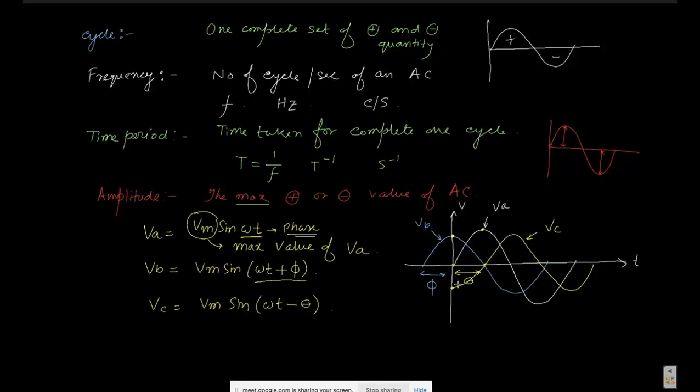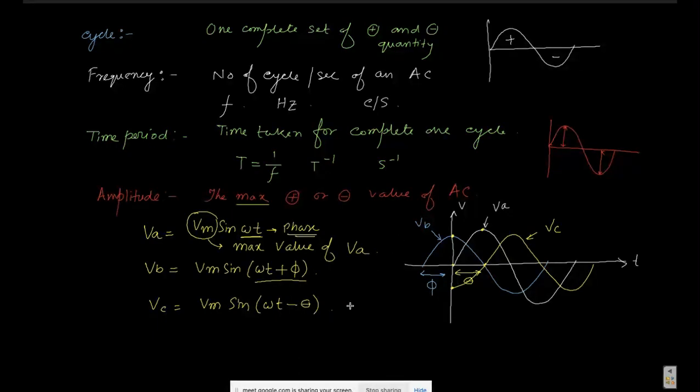When VA starts generating, at that time VB has already started and reaches its maximum value. It means that VB starts generating before VA. When VA starts generating, VB reaches its maximum value, and when VA reaches the maximum value, VC starts generating. So VC is lagging.